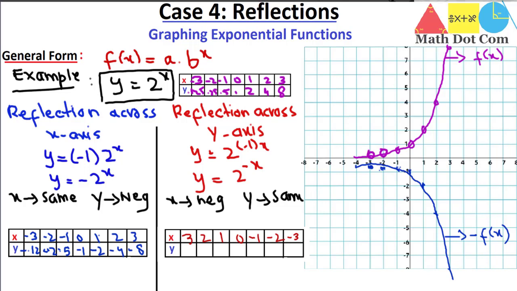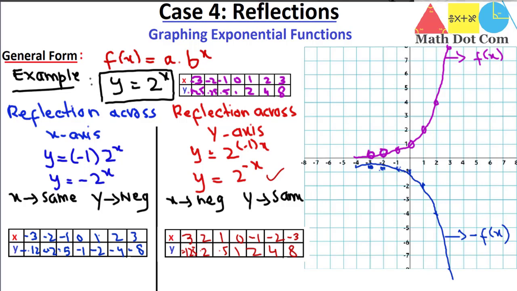If we put x equals 3 in this function, we will get 0.125, and if we put 2, it will be 0.25. For 1 it will be 0.5, for 0 it will be 1, for -1 it will be 2, for -2 it will be 4, and for -3 it will be 8.